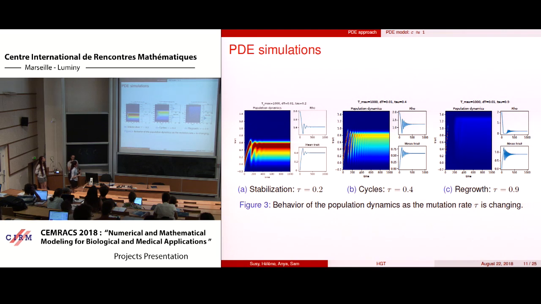Moreover, for the case that tau is near the critical value, say 0.4, we see some damping oscillations that, starting from one moment, vanish around a stabilization, some mean rate, which is also observed in the mean rate plot and the total population plot.